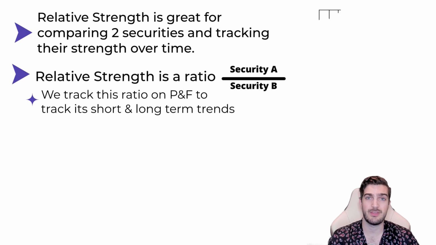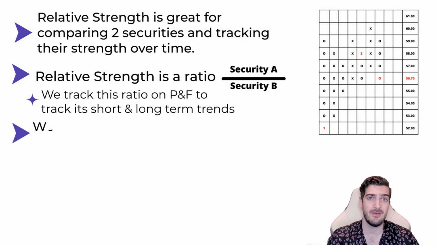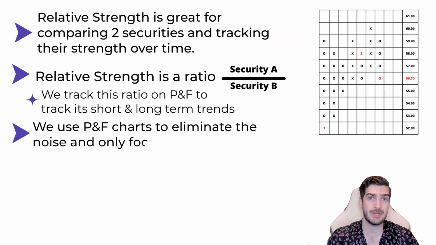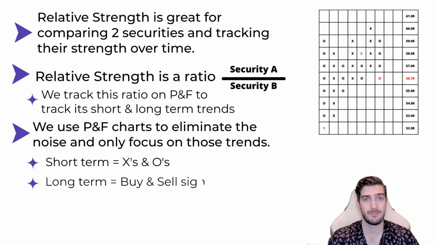While relative strength can be used for any type of chart, we choose to use point and figure because point and figure makes it extremely easy to cut out periods of little activity and instead focus on that short-term direction in terms of columns of X's and O's and its long-term trend, with positive and negative changes being represented by point and figure buy and sell signals.